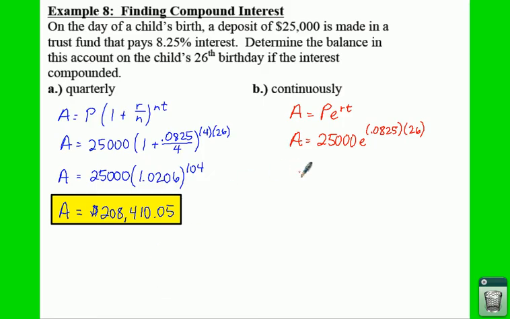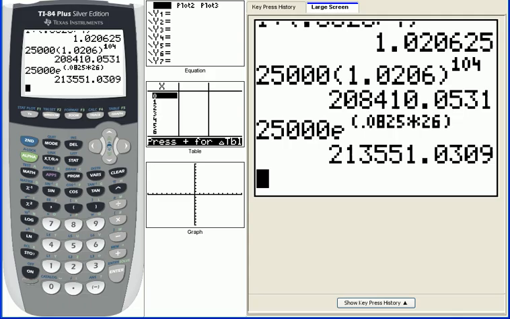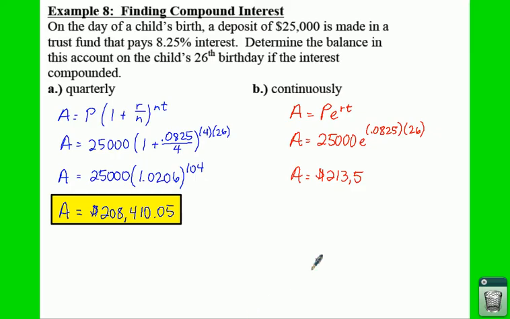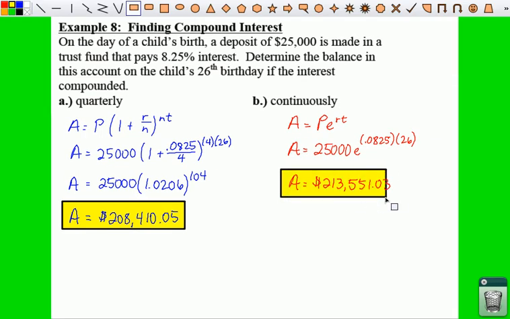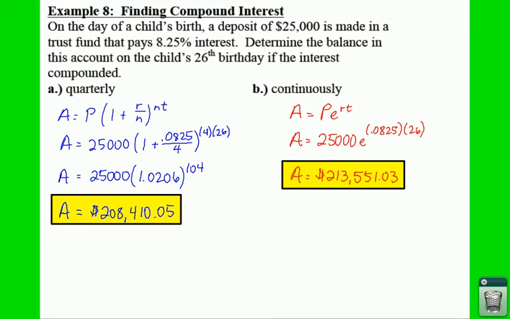So we're going to say this is $213,551 and 3 cents. So if I was to compare my banks, I think I would rather have something that's compounded continuously. But that's just me.